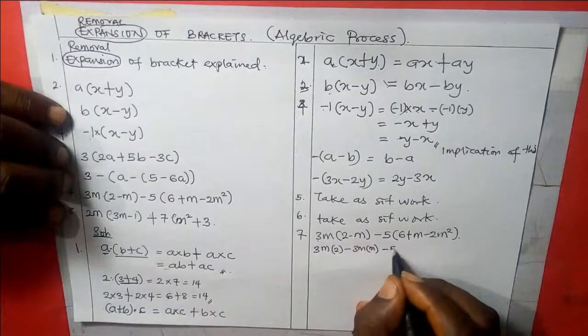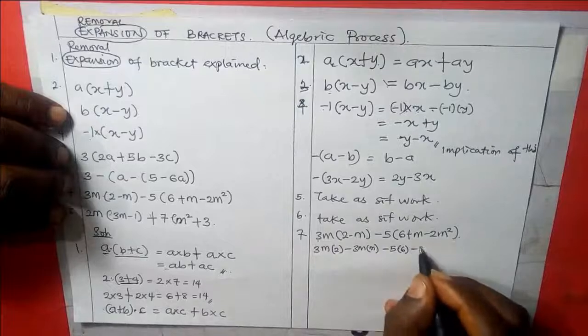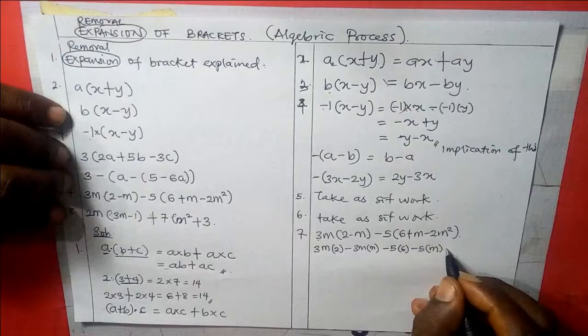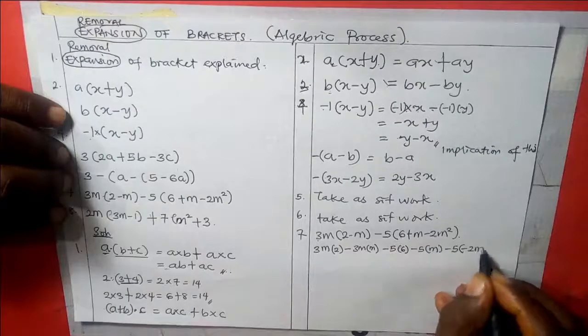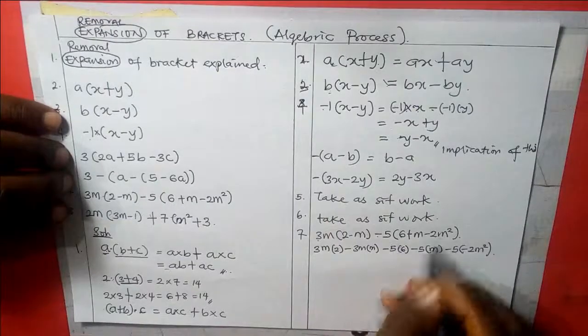Then I have negative 5 multiplied by 6, then negative 5 multiplied by m, then negative 5 multiplied by minus 2m square. So I also use this to distribute everything.